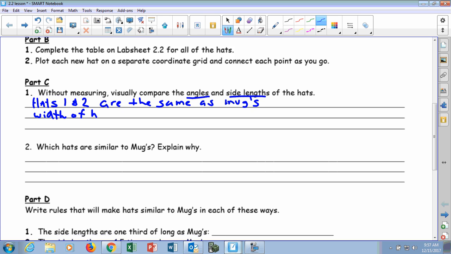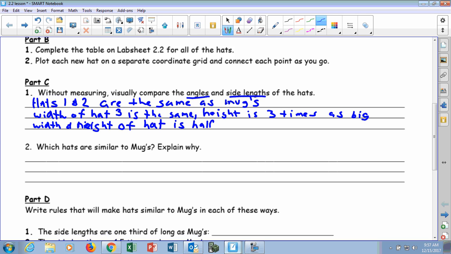Now the width of hat 3 is the same as Mug's, but the height is 3 times as big. Remember, that's the one we stretched, right? And then the width and height of hat 4, we said was half, right?